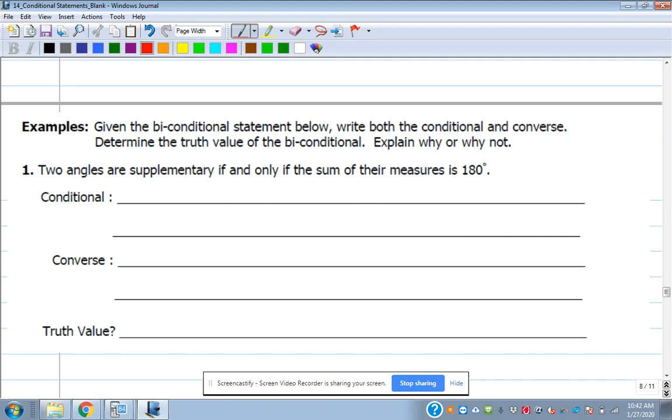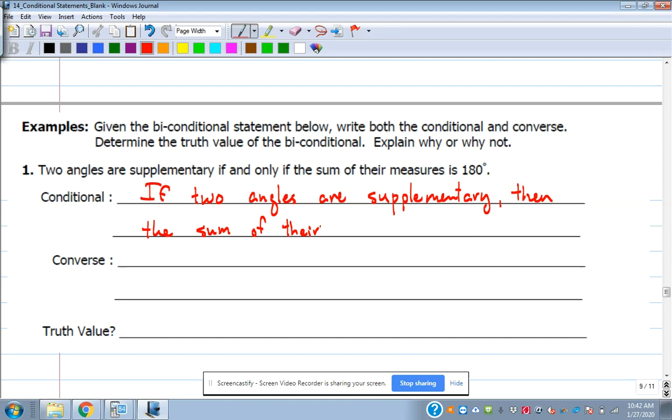Writing that as a conditional statement, in if-then form: if two angles are supplementary, then the sum of their measures is 180.